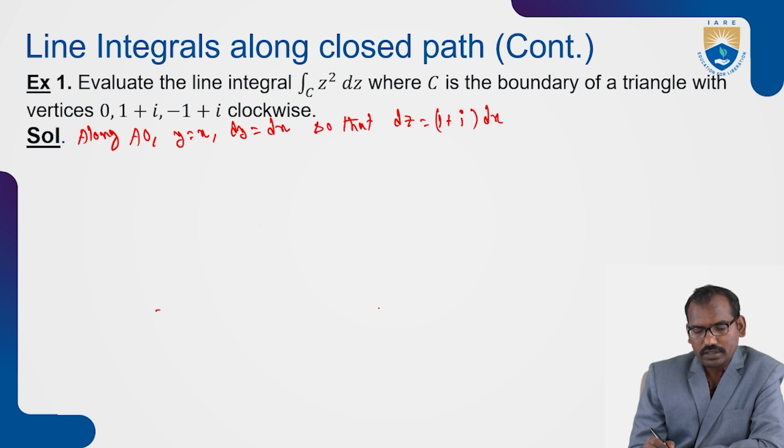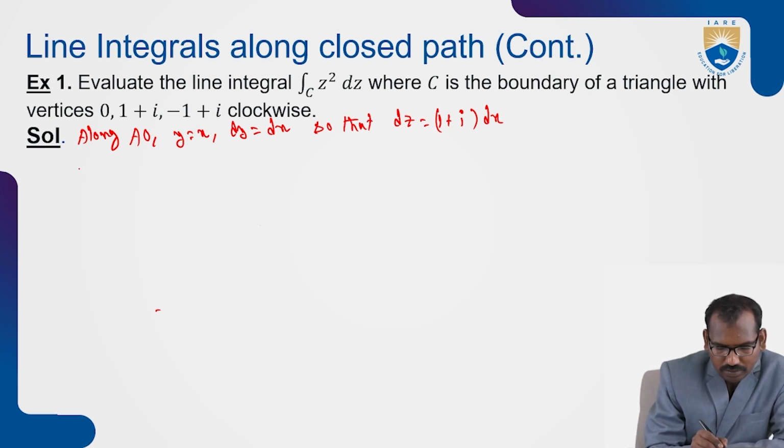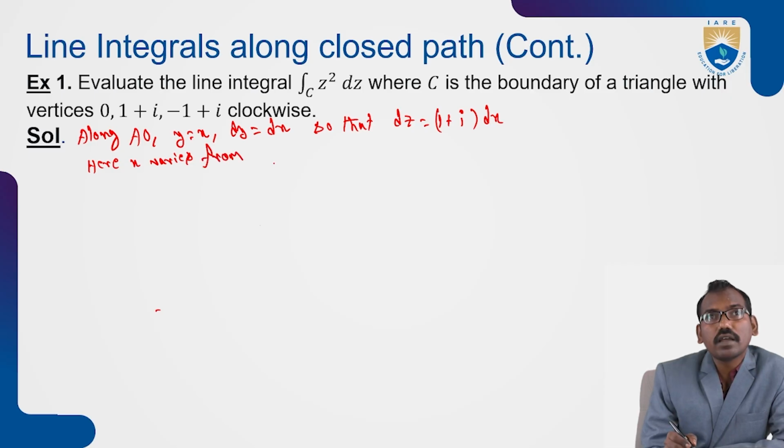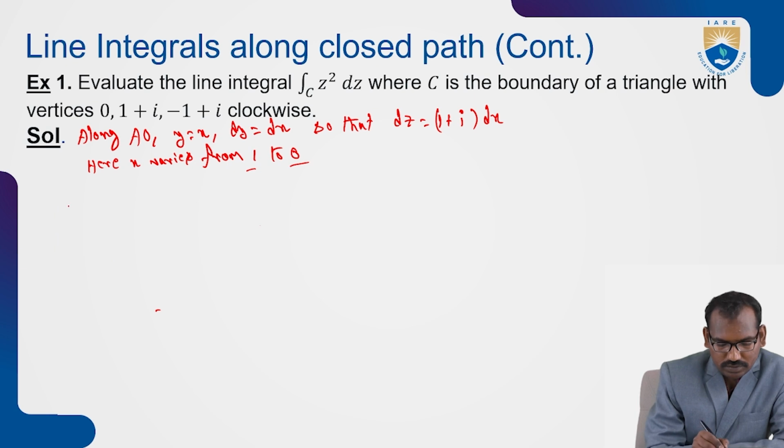Okay. Now here y comes in terms of x and dy also comes in terms of x. So we can check how x is varying. Here x varies from 1 to 0. Along AO you can identify x variation is from 1 to 0.